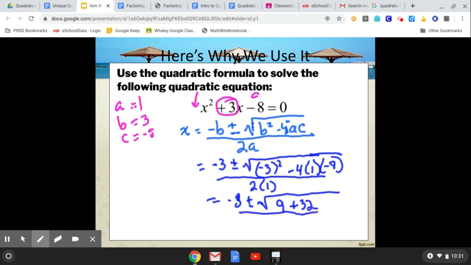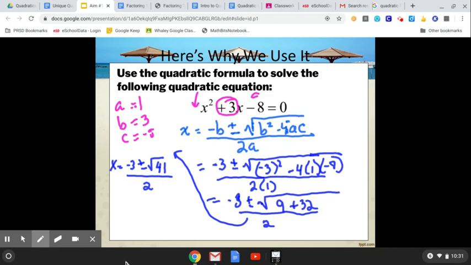All of that is going to be over 2. 2 times 1 is 2. Now, let's put the work up here. So now we have x is equal to negative 3 plus or minus the square root of 41 over 2.